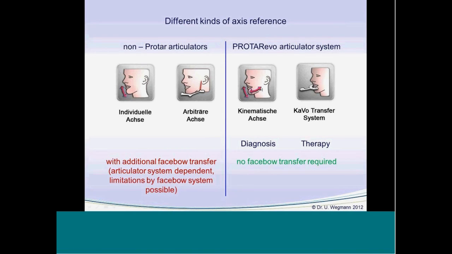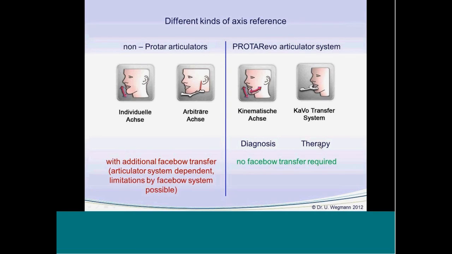We use it for diagnosis purposes, and I really cannot explain it because we are very limited with our time. But what you will use mostly in your lab will be the KaVo transfer system, KTS. And this reference is used for the therapy.